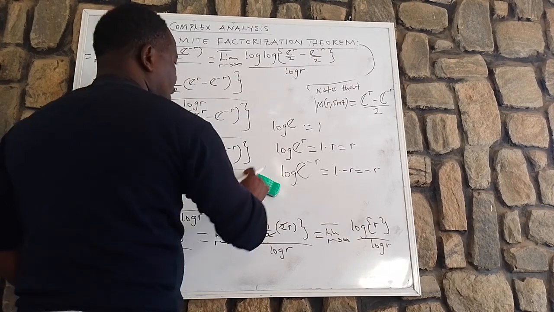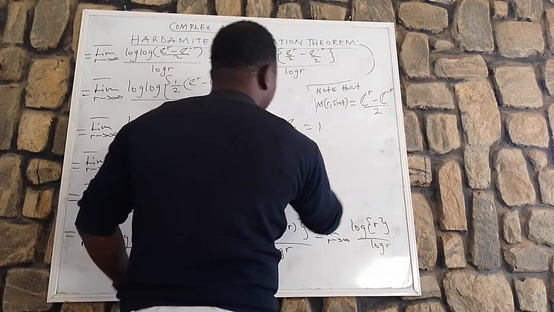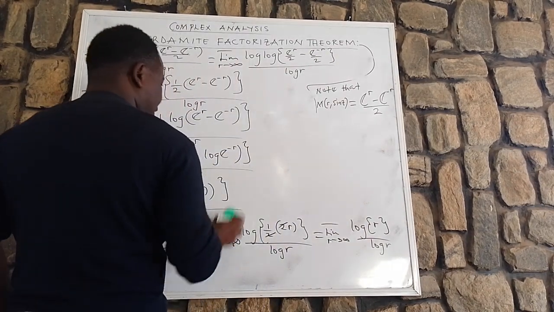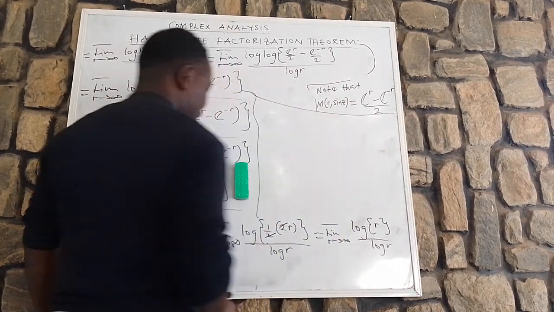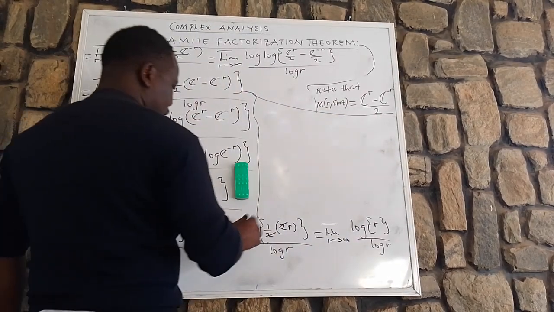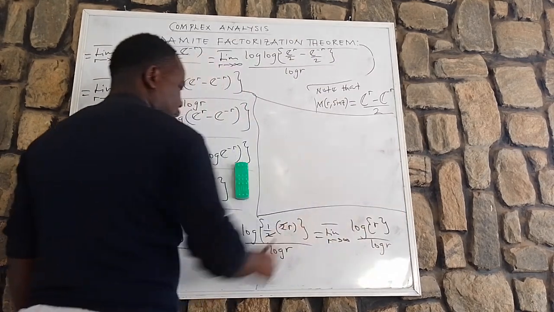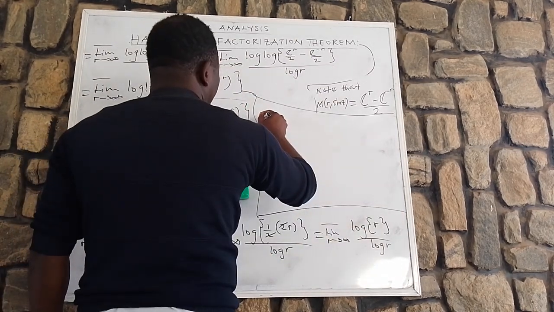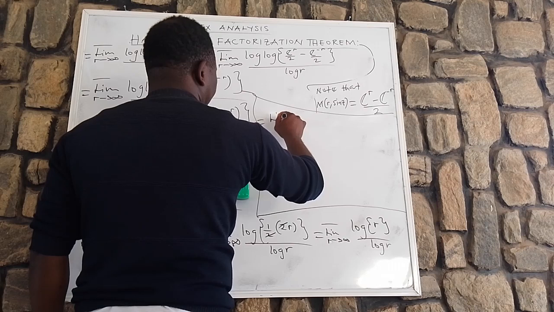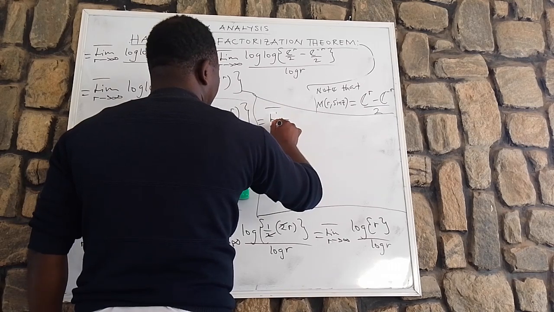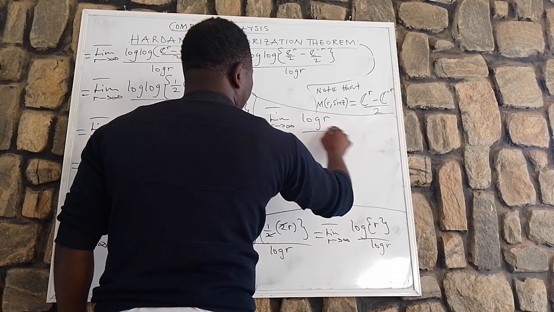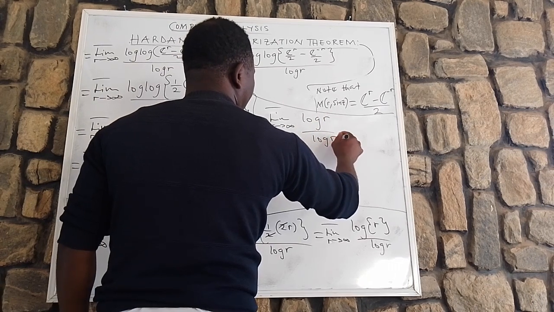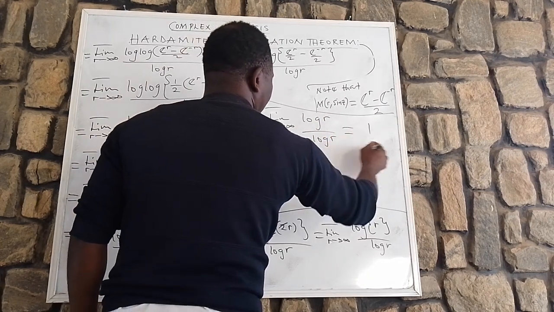Don't need a prophet to tell you. So here will now be the upper limit as R tends to infinity of log R all over log R. You discover that this is equal to 1.